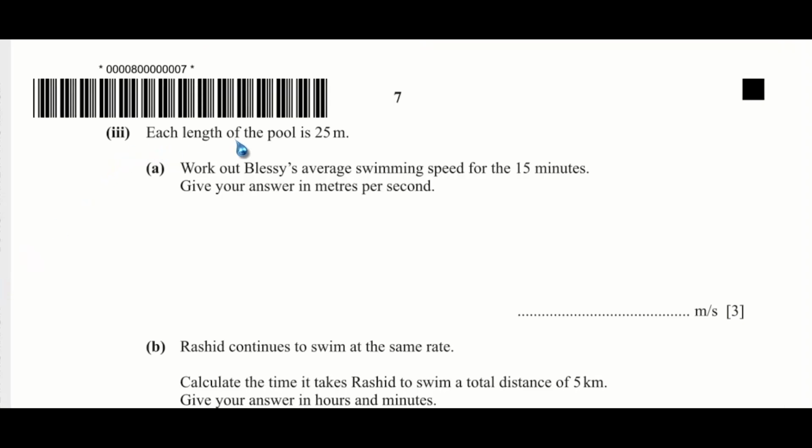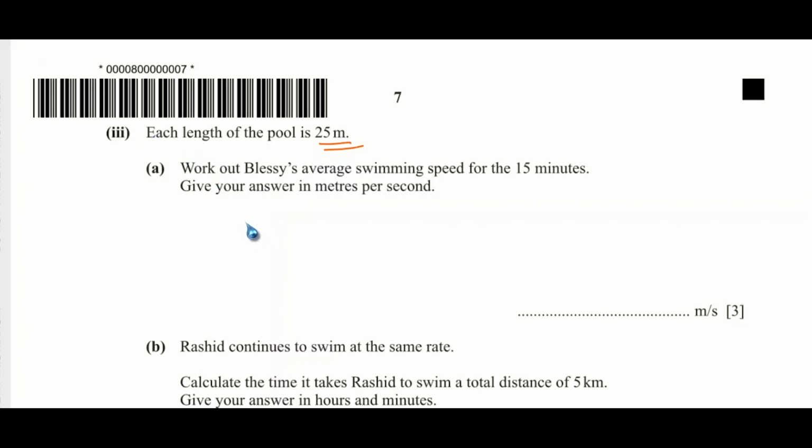Roman figure 3. Each length of the pool is 25 meters. Work out Blessing's average swimming speed for the 15 minutes. Give your answer in meters per second. So for this, we need to get the distance covered.